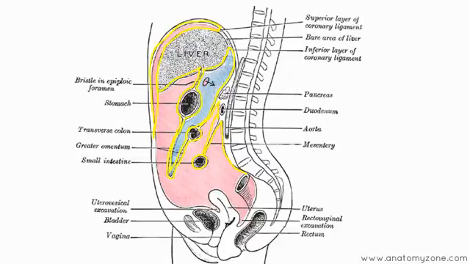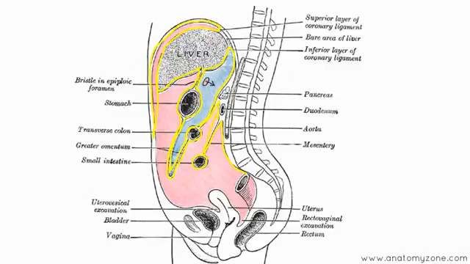So the upper part of the mesentery passes back up and reflects back onto the liver, and the lower part passes inferiorly on the posterior abdominal wall and forms other mesenteries. So it forms the mesentery of the small intestine, and it forms the mesentery of the sigmoid colon.